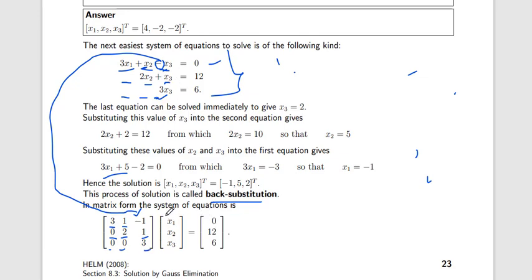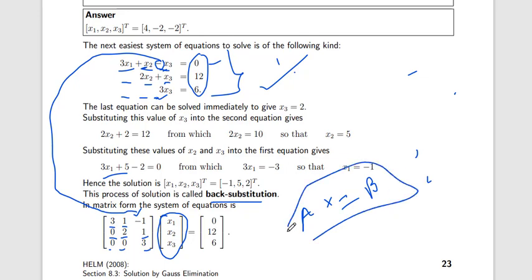And in the column matrix, we want to find the values of x1, x2 and x3, which is equal to 0, 12 and 6. Does anyone have doubt about how to transfer three linear or any linear equations into matrix form? Ax is equal to b, matrix form.